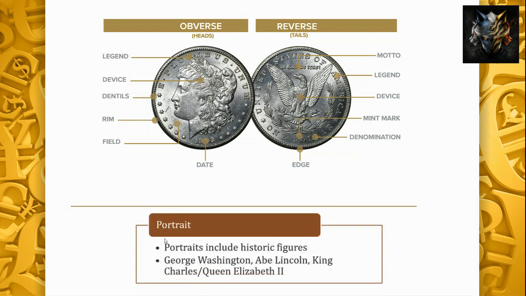Now, when we talk about the portrait, this one pretty much goes without saying. A portrait is an image of a person. In this case, you have Lady Liberty, but you all know George Washington, Abe Lincoln, King Charles, Queen Elizabeth II. You may even see things on there like the kookaburra.